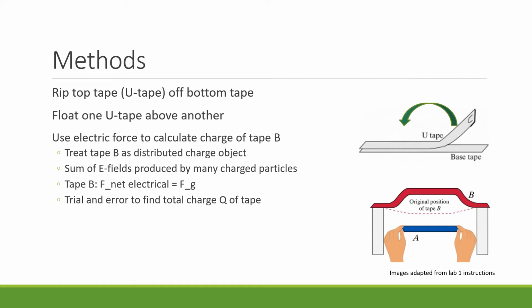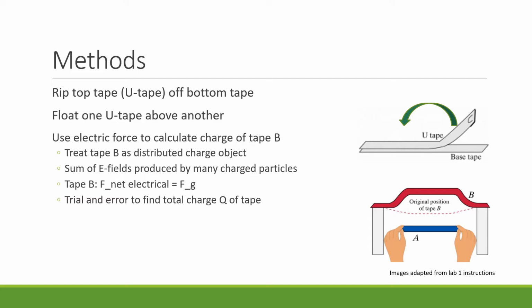And after that, we suspended one upper tape from a book and then brought another positively charged upper tape right under it to make this top tape float. So the bottom tape exerted an electrical force on the top tape, which made the top tape float up until the point when the gravitational force on the top tape balanced with the electrical force on the top tape from the bottom tape. And that's when tape B was in equilibrium, according to Newton's second law.